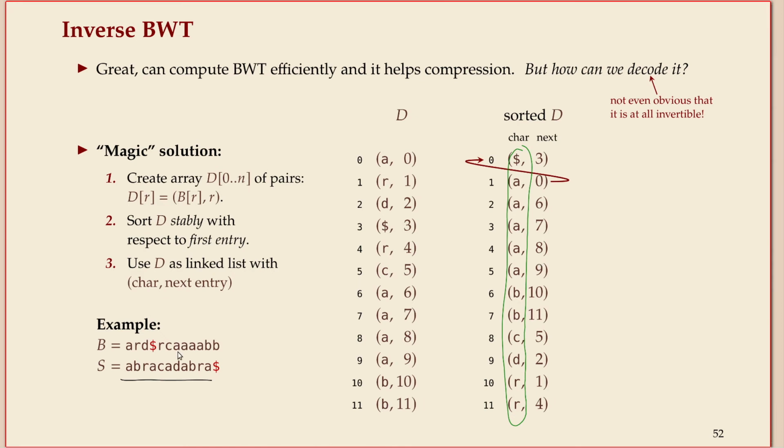So for A's, we kept their indices 0, 6, 7, 8, and 9, and well, that's it. And now if we were at the second A, we know it is actually in row 6. And so we know where to go next.